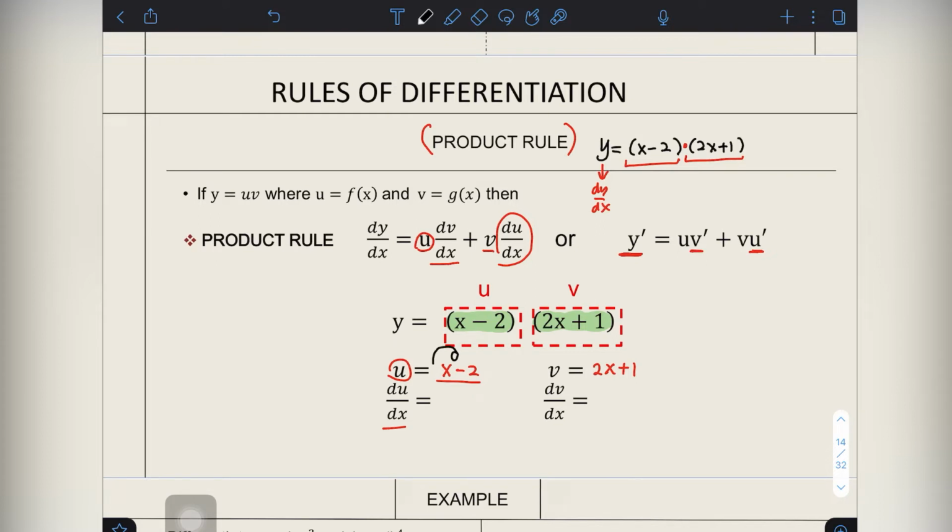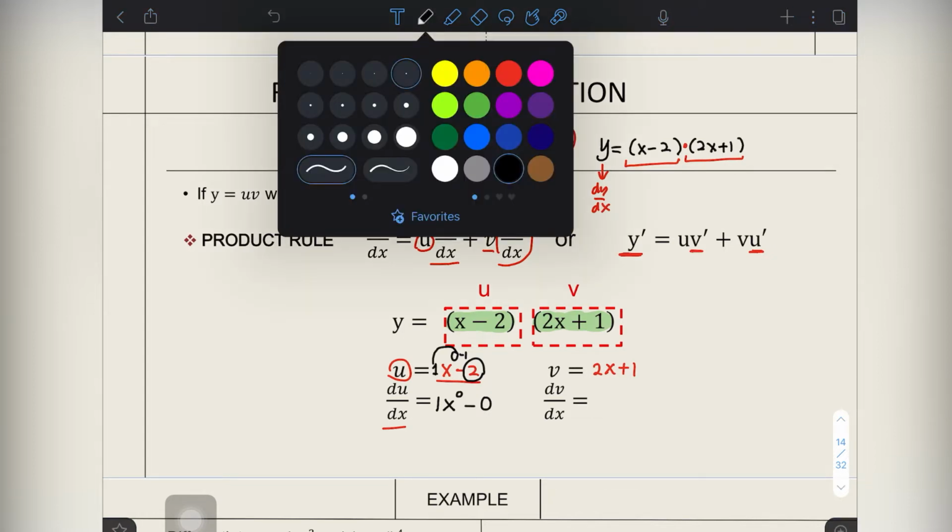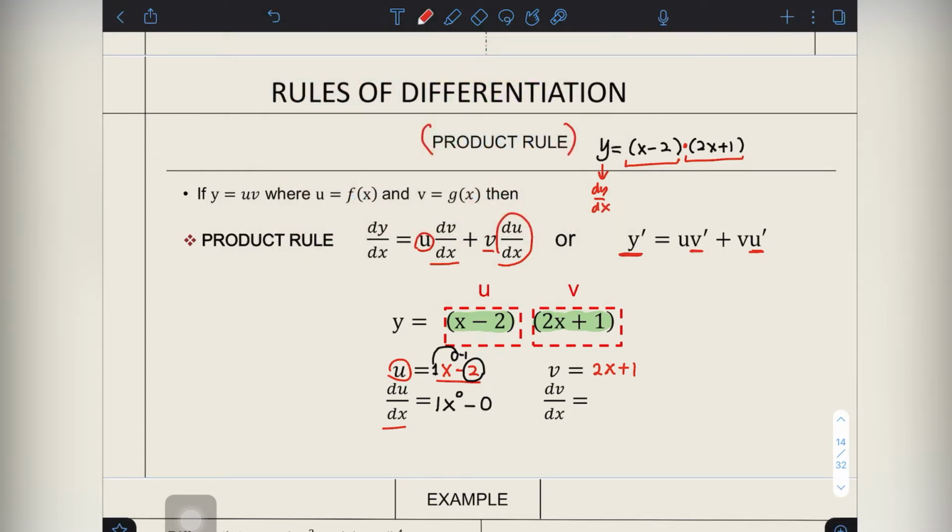Multiply by the 1 in front, so 1 multiplied by 1 you will have 1x. The power 1 minus 1 gives power 0. Differentiating the constant gives 0. And remember, x to the power of 0 is equal to 1, so we do not need to write x to the power of 0. So your du/dx is equal to 1.